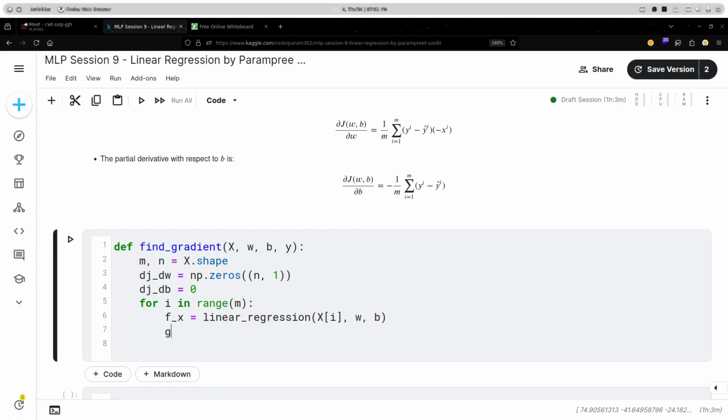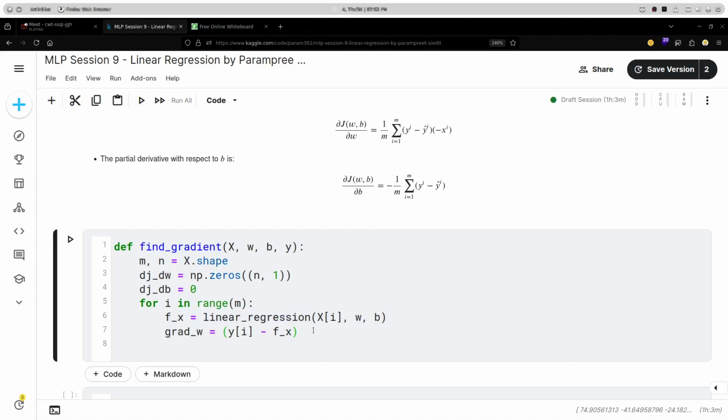Let me write it as grad_w, which is the gradient with respect to w, and this will be y minus y hat: y[i] minus f(x), which is the y hat. f(x) or y hat, it is the same.